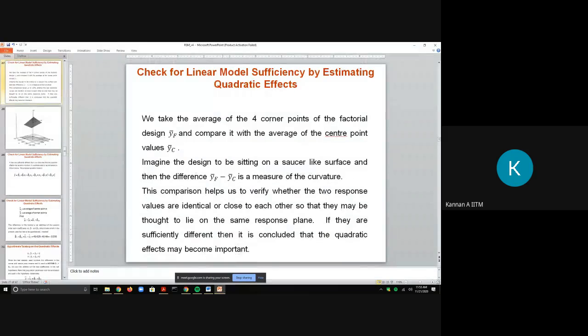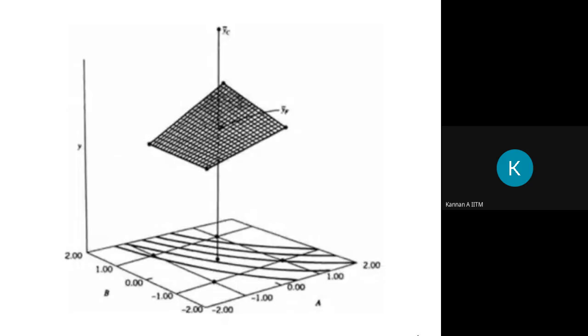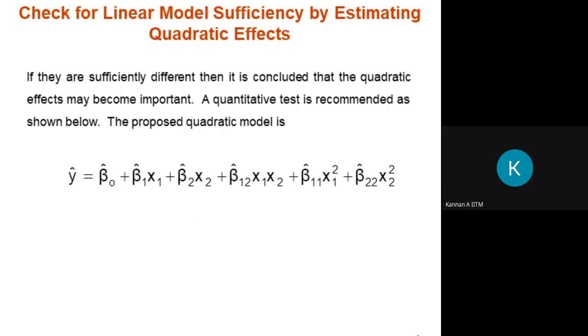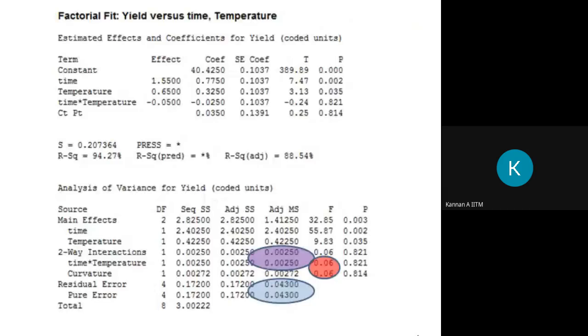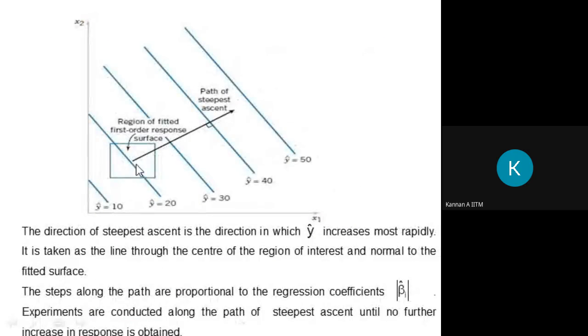So we do some statistical tests and conclude whether curvature is significant or not. Okay, now let us move further away from our current model. We'll venture further into the wilderness.